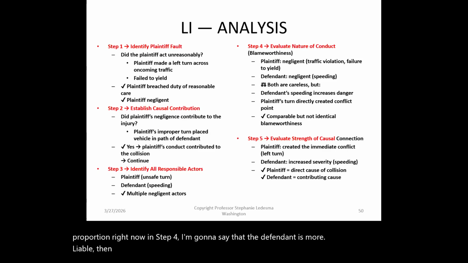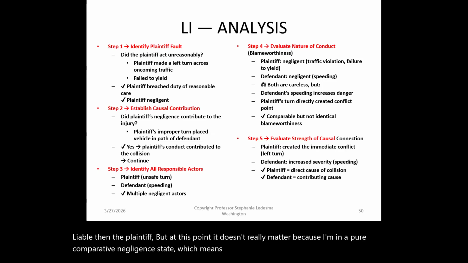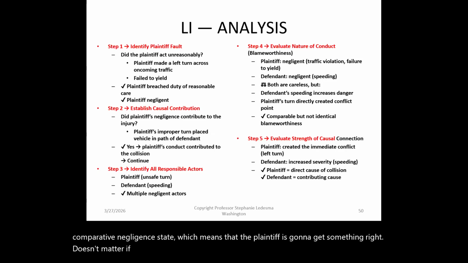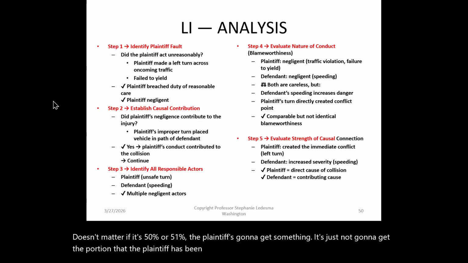But at this point, it doesn't really matter because I'm in a pure comparative negligence state, which means the plaintiff is going to get something. It doesn't matter if it's 50% or 51%. The plaintiff just isn't going to get the portion they have been found to be responsible for.